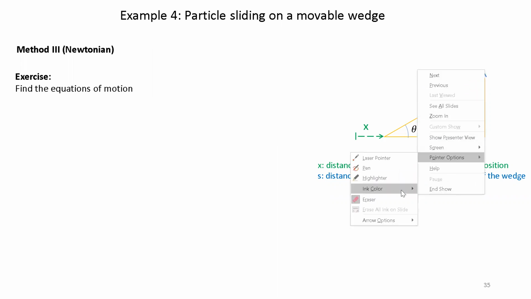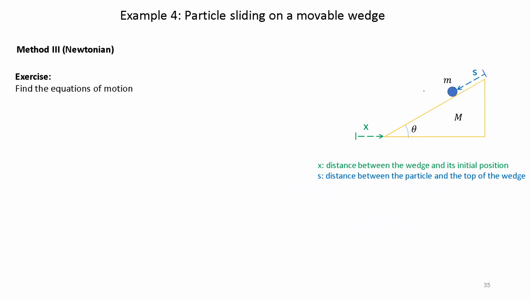You just imagine that you are actually standing on the wedge, and then you take this s. Because this reference point itself is also always moving. So this is the s, with a moving reference point.